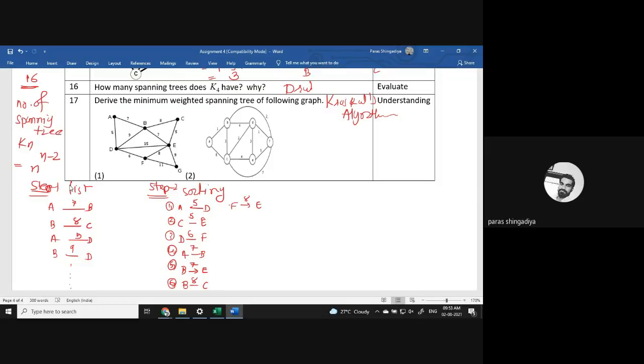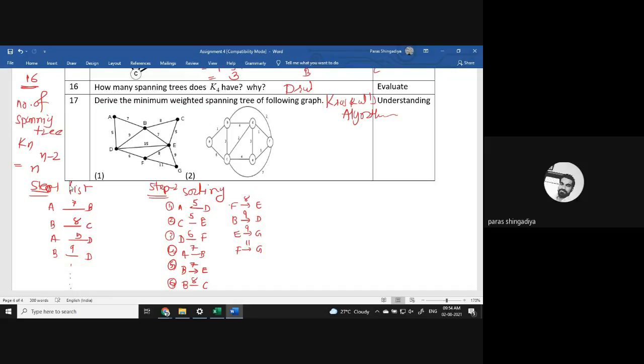And after 8, that is 9. So B and D का वेट है 9 and E and G का वेट भी 9 है. After 9, 10 is not there, 11 is between F to G.